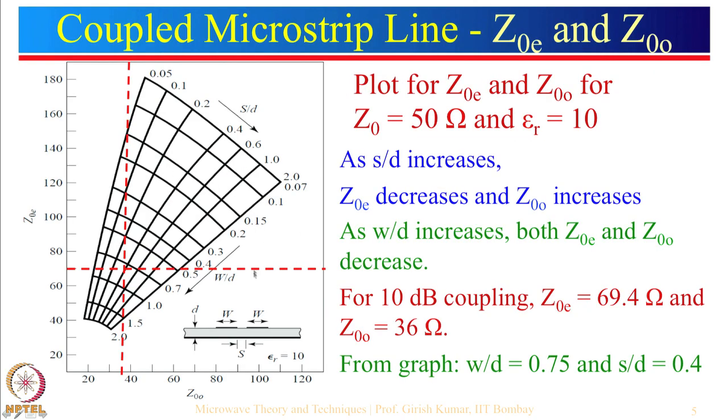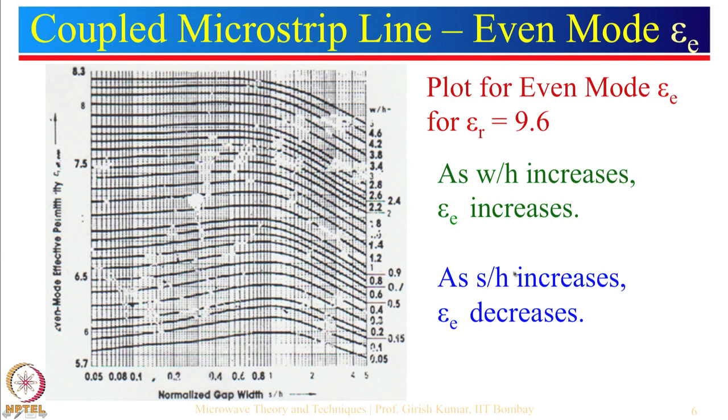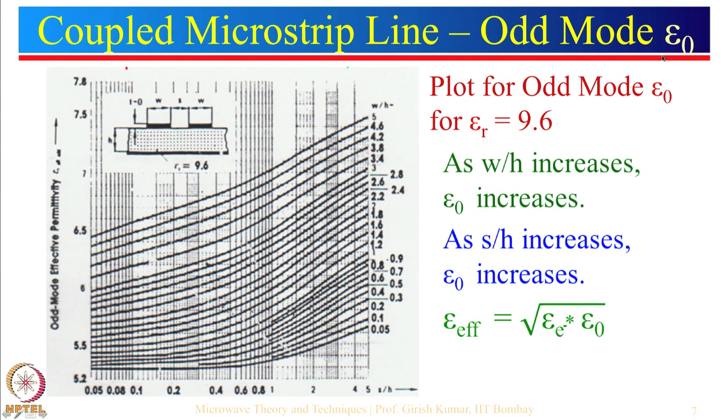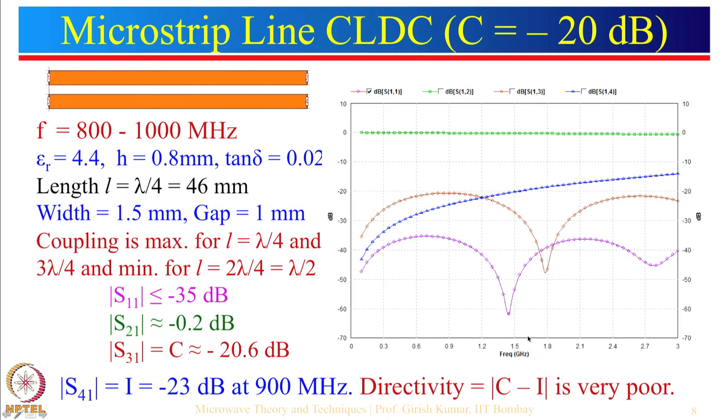Then we looked at the basic design concept: for 10 dB coupling, these are the values of even and odd mode impedances, and from the graphs we read the values of W by D and S by D. Then we looked at the even mode epsilon E as well as the odd mode epsilon 0, and we also talked about the effective epsilon E, which is the square root of epsilon E and epsilon 0. Then we looked at the design example of a microstrip line for a 20 dB coupler.